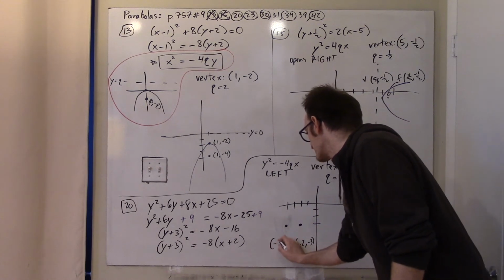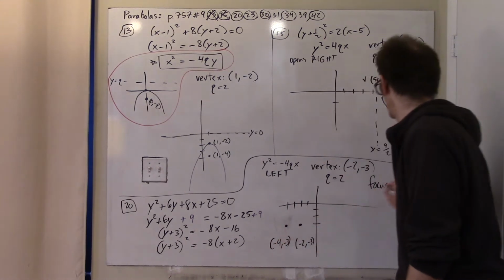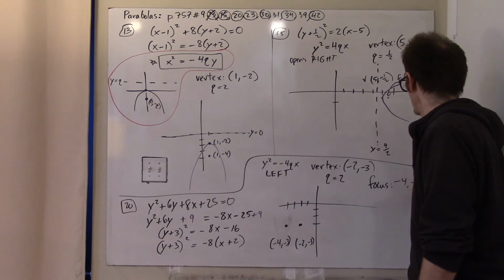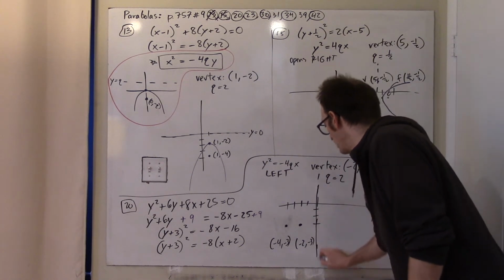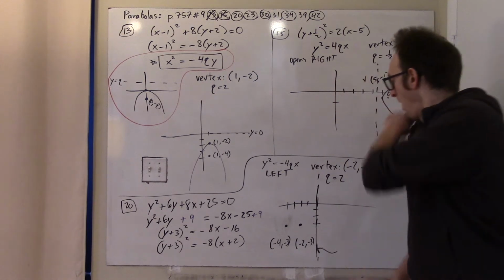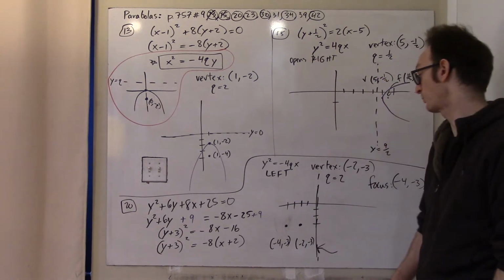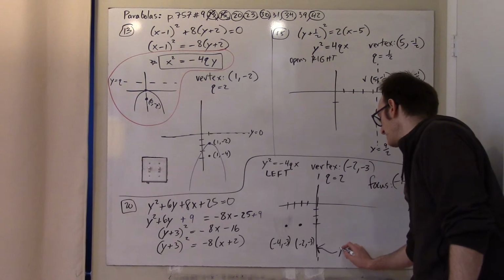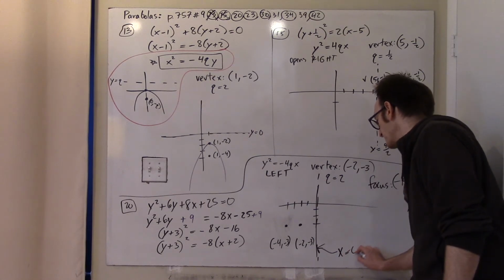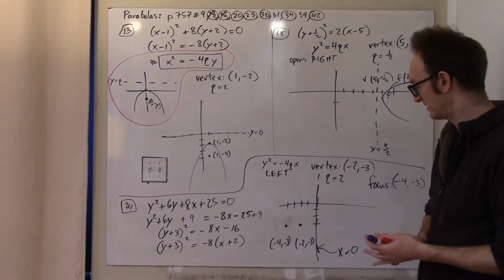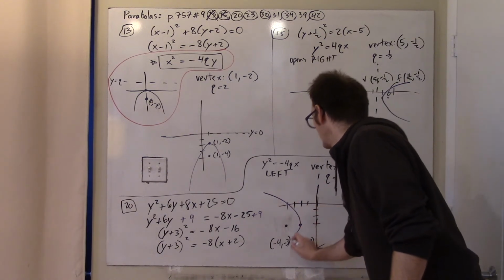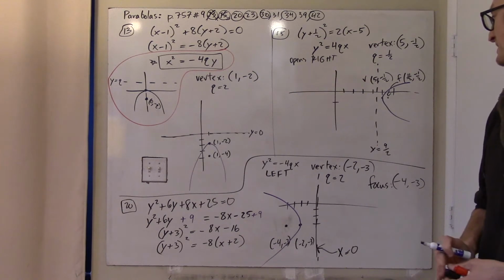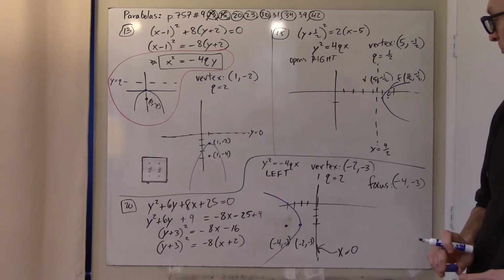That focus is at (-4, -3), and it means that my directrix is going to be to the right. So that's just going to be x equals 0. It's just the y-axis, and then the parabola itself will be opening left with (-2, -3) as my vertex and (-4, -3) as a focus.